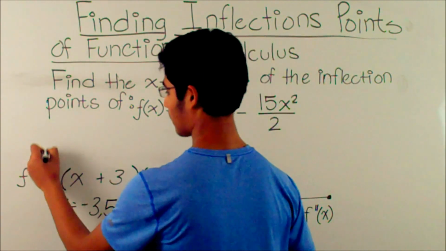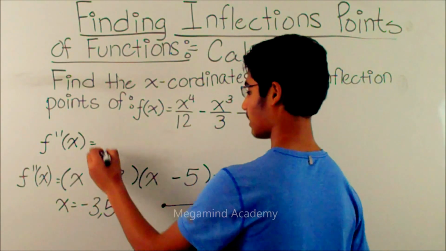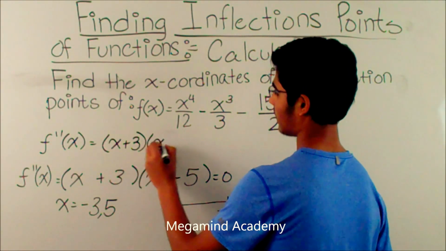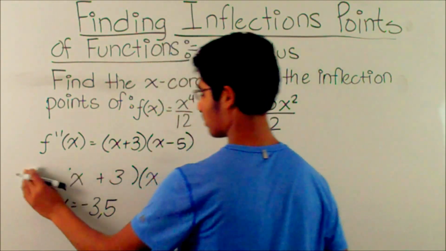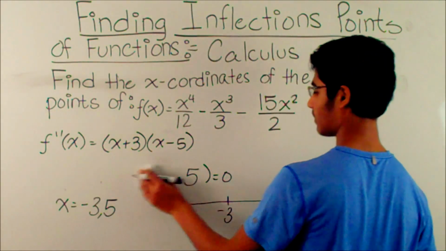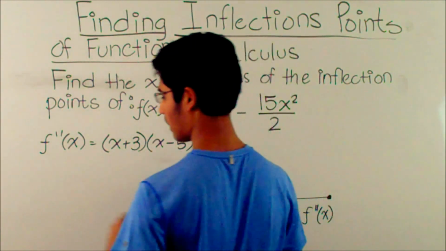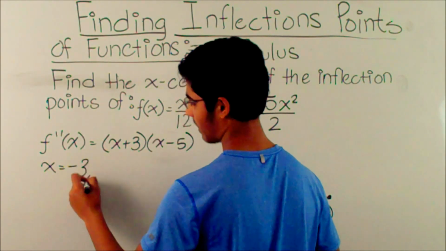And let's move this up here. So f double prime of x is equal to x plus 3 times x minus 5. So we can erase this. And we know that the two roots are x is equal to negative 3 and positive 5.